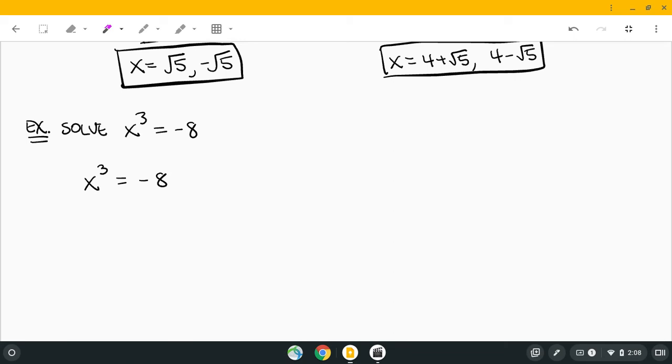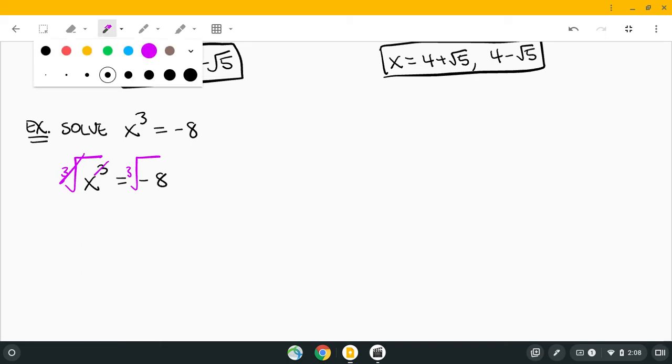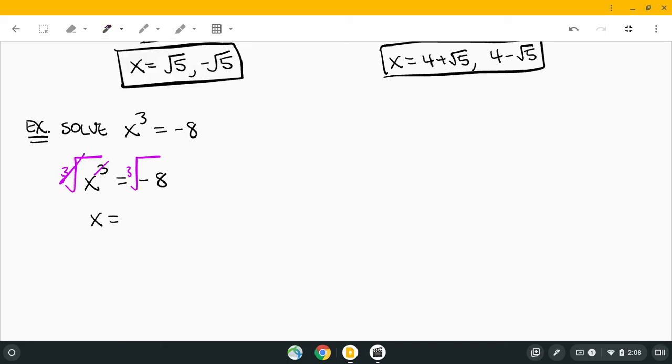Here this is power 3, so we won't use square root, we will use cube root. See how that works? So these cancel. And you end up with x equals, and this is odd, so we only have one answer, and that is going to be negative 2. Negative 2 to the third power will give us negative 8.